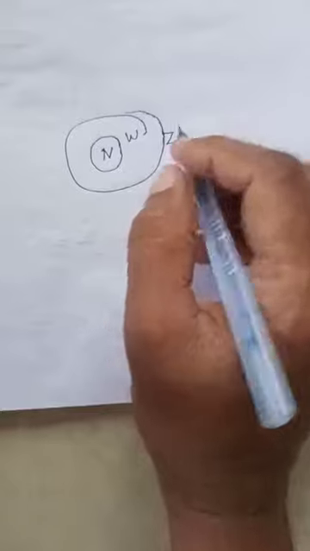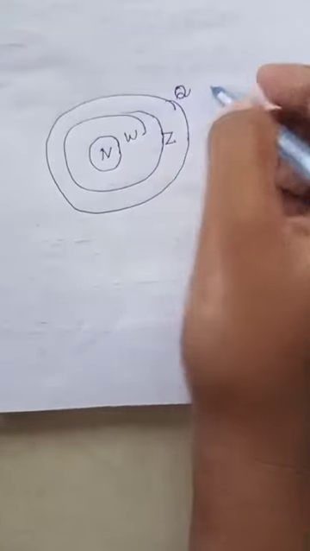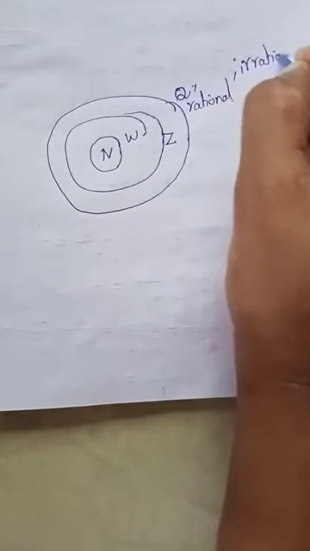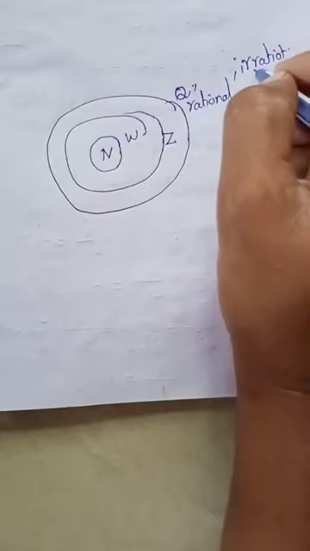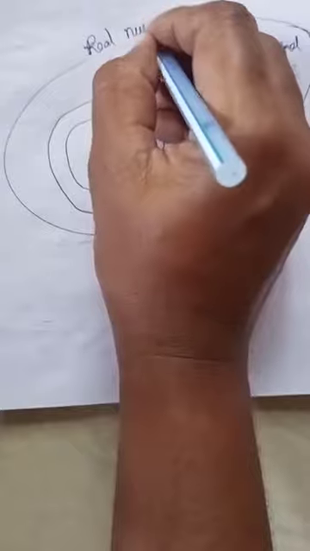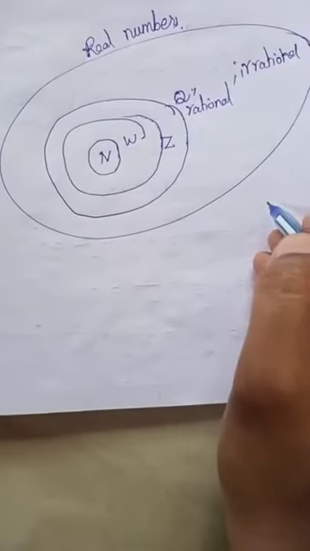Rational numbers are the fraction numbers, denoted by Q. The next is irrational. Altogether, all of this gives real numbers.